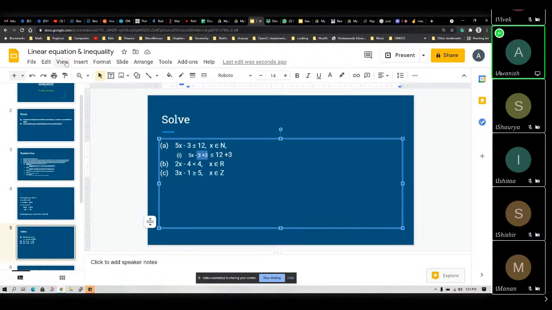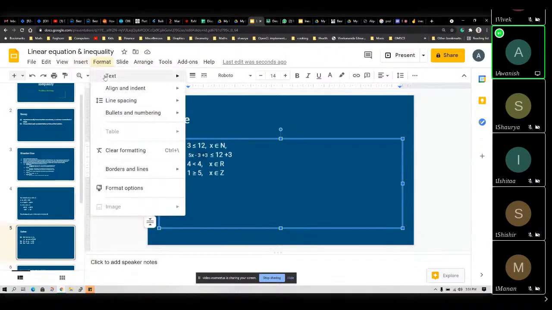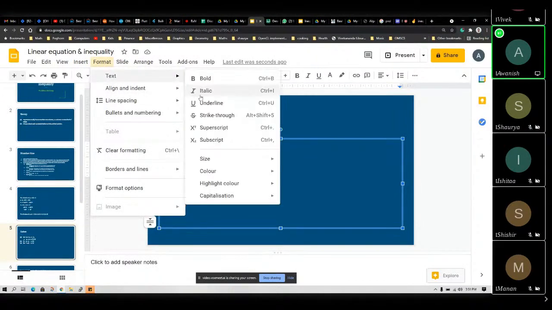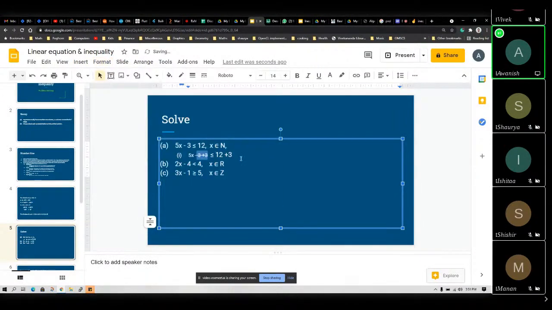So it becomes 5x less than or equal to 15. Now if I divide by 5 on both sides, because it's a positive number, the inequality will not change, isn't it?